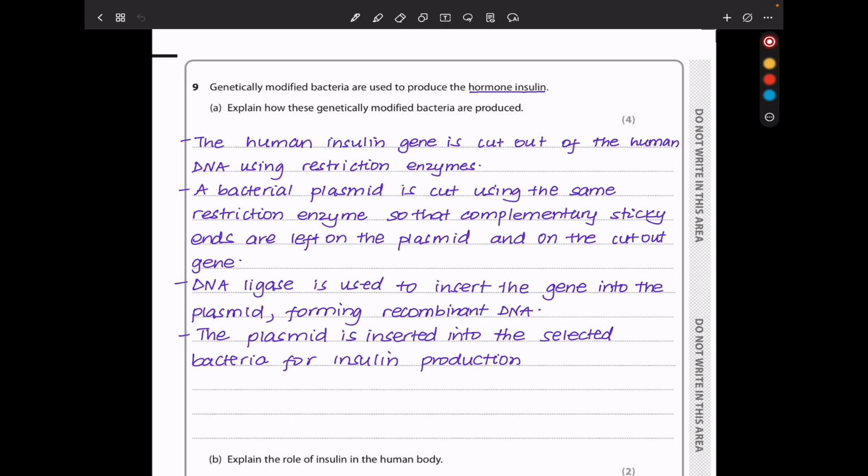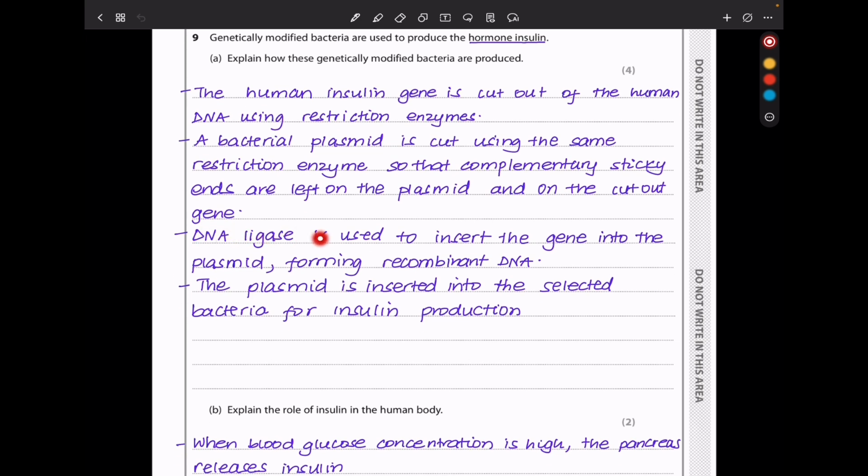Genetic modification in bacteria occurs by first isolating a specific gene using restriction enzymes to cut it out from the DNA, and then we can use the same restriction enzyme to cut the bacterial plasmid. When the same restriction enzyme is used, it leaves complementary sticky ends so that when we place the plasmid and the gene together, it's easier for them to attach.